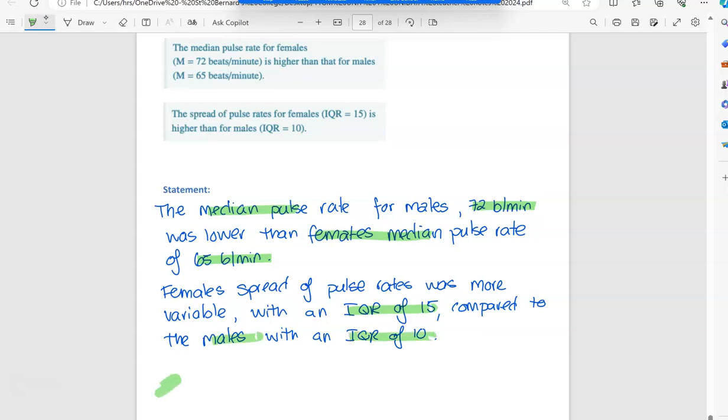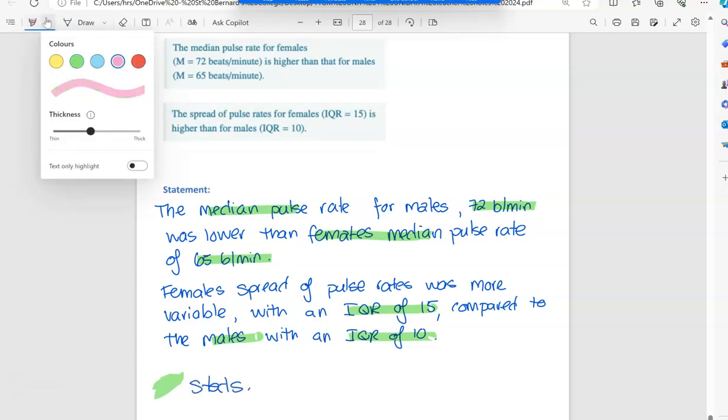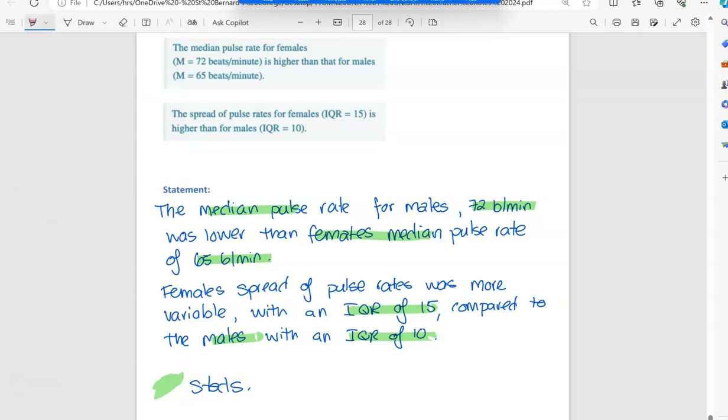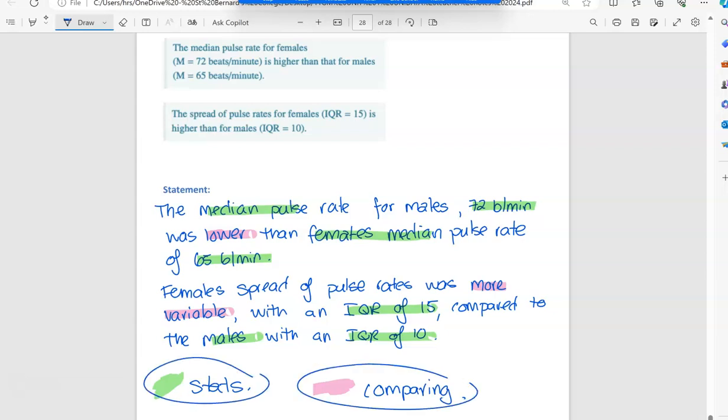So there is me putting in the stats, and if you go back and look, I look for the comparing words. There it is with lower, and then also we've got more variable. So there is the comparing word. That's what I'm looking for. That's where you're going to get the marks, if you've written that properly.